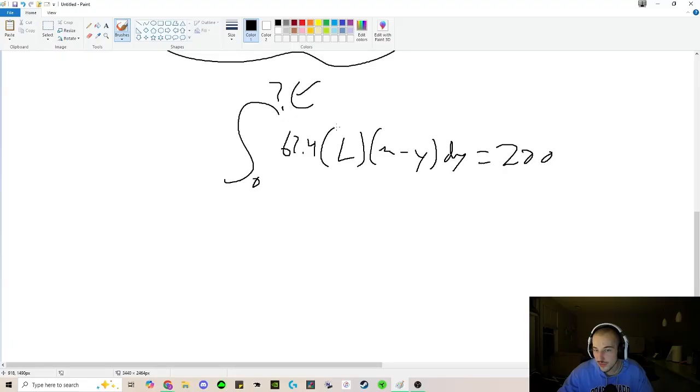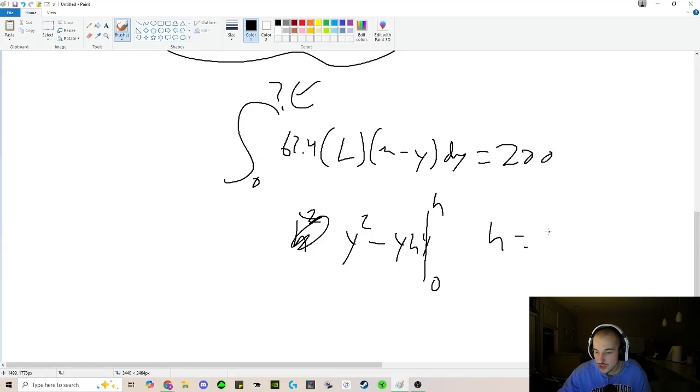Now you have to solve for this. You do your integration, and you're going to have something of the form like y squared minus yh, something like this. I don't know what it is. And you're evaluating from 0 to h. Then you have to figure out what value of h makes this true. So h equals something.